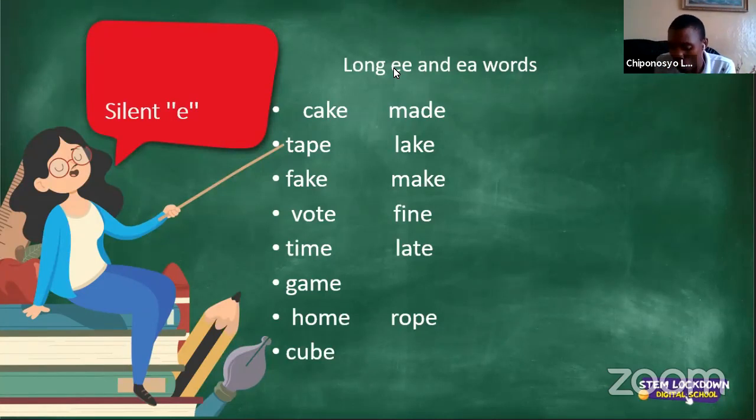Now, when we say rope, rope is string that is tied up together. It's a lot of string that is tied up together, and it's used to tie things. I would have loved to have a rope here at home, but we do not have a rope. It's string that is knotted, sometimes plaited together, to tie things together.